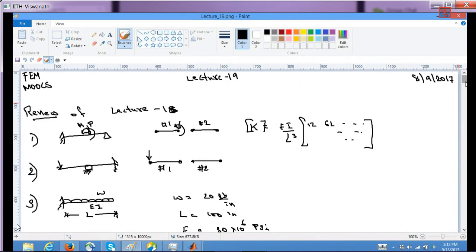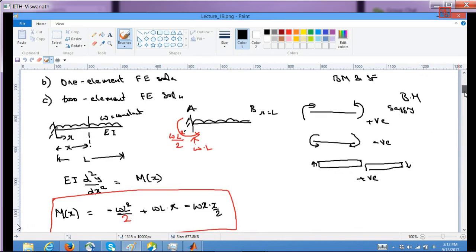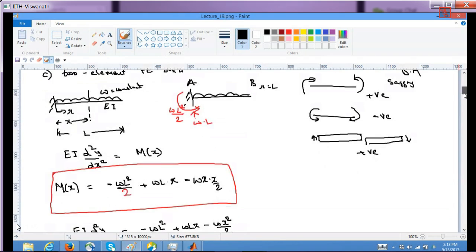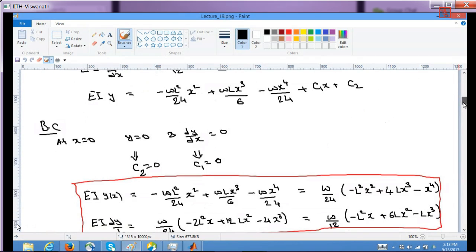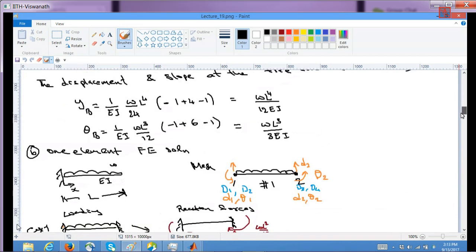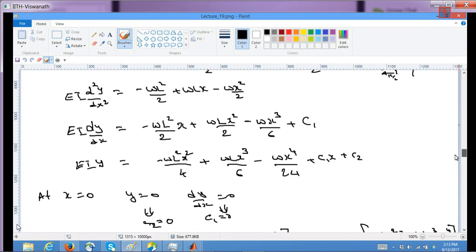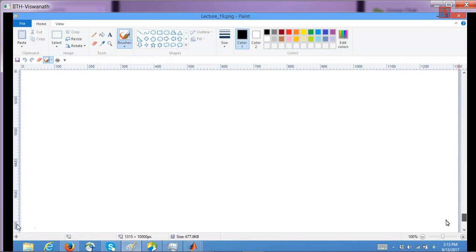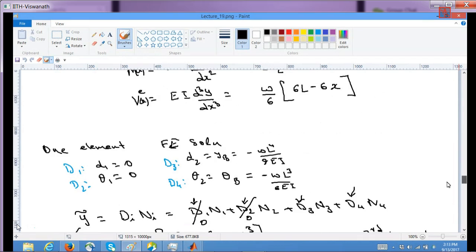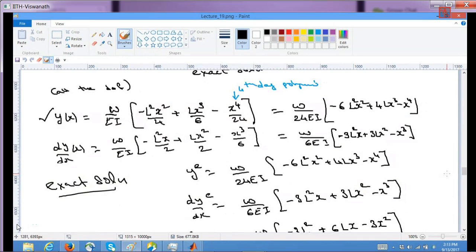I think we were looking at the case with a uniformly distributed load, and for the uniformly distributed load we were solving for the analytical solution as well as the one element solution. From the analytical solution, which I derived at the end here, this is the solution which I got from the previous class.